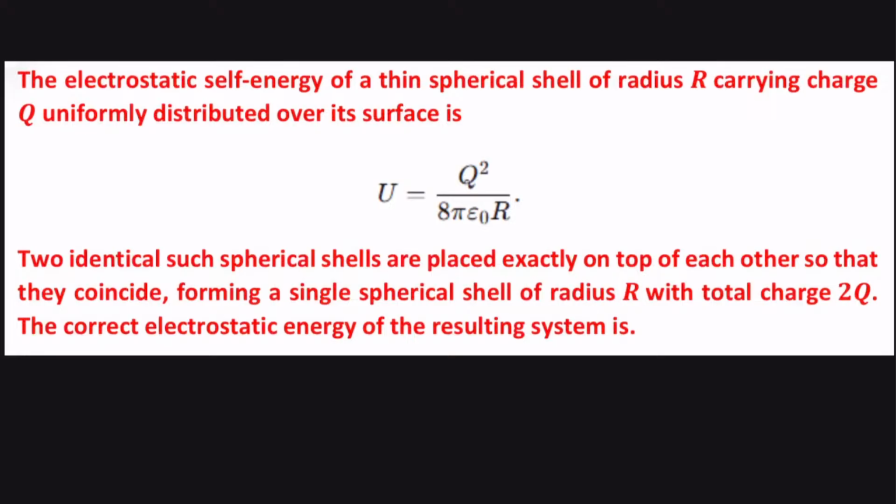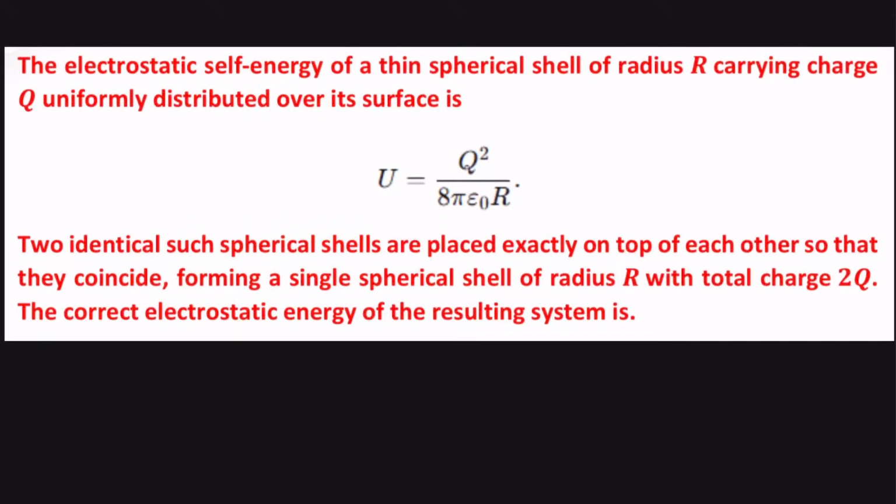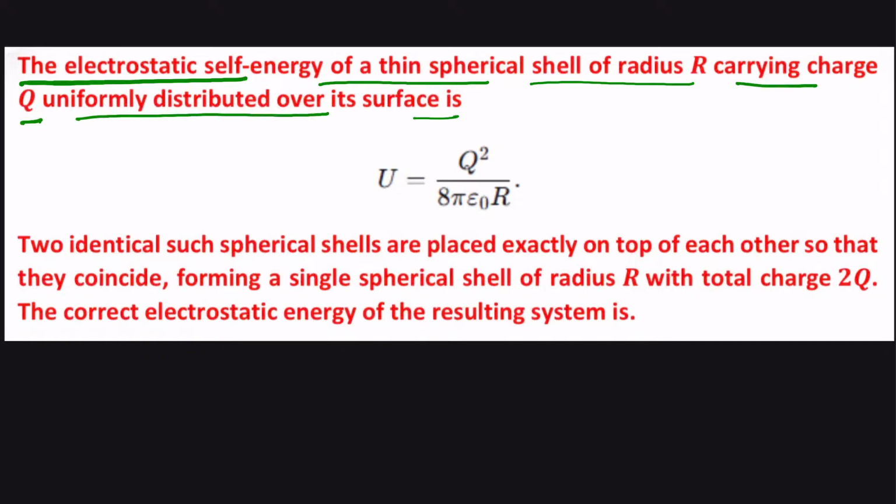So first question. It is given that the electrostatic self-energy of a thin spherical shell of radius r carrying a charge q uniformly distributed over its surface is given by.